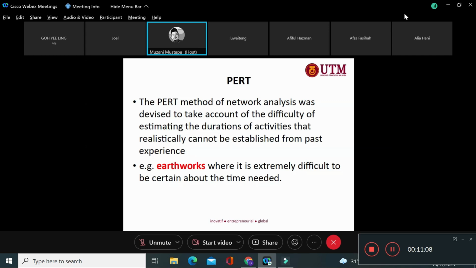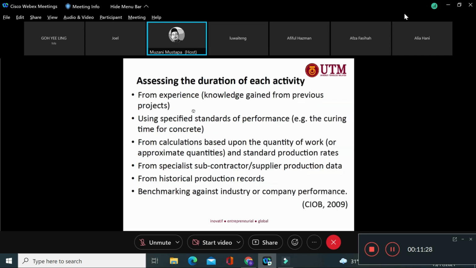The impact is that they get so many data that differ from their own estimation. So this is how the planner uses PERT analysis to assist in proper planning of time duration in the project.